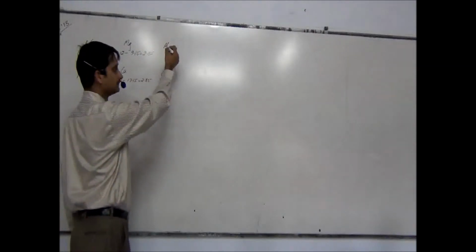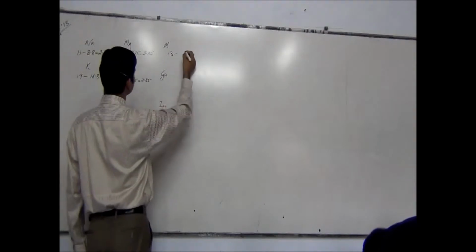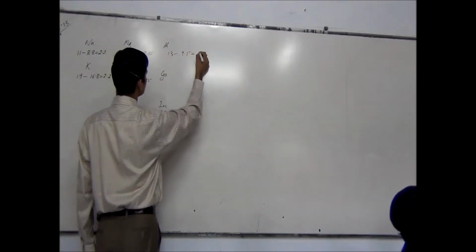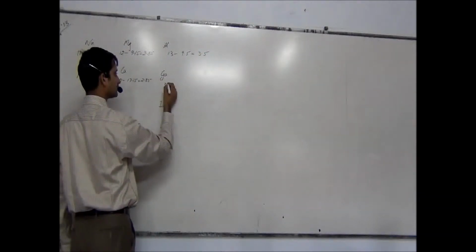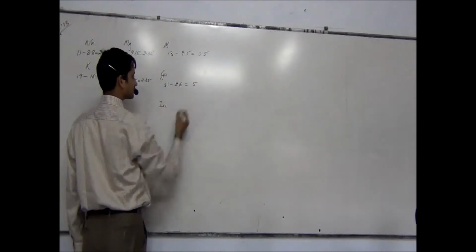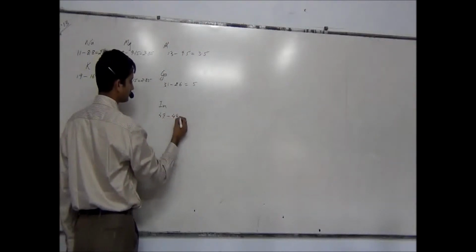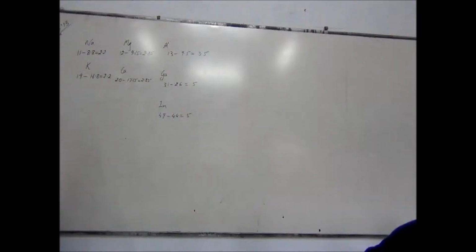In case of aluminium, here it turns out to be 13 minus 9.5. In gallium, it is 31 minus 26. Here it comes out to be 49 minus 44. So these are the values of effective nuclear charge.